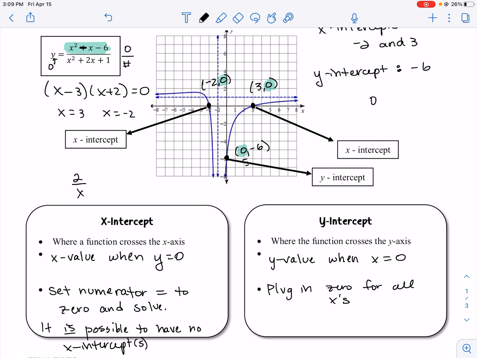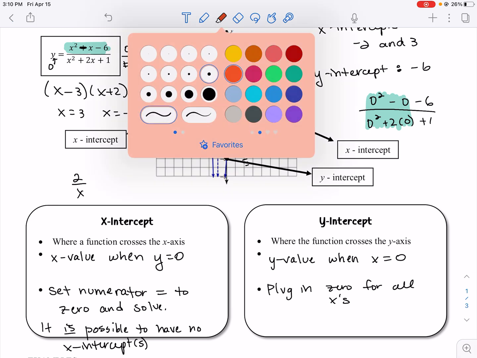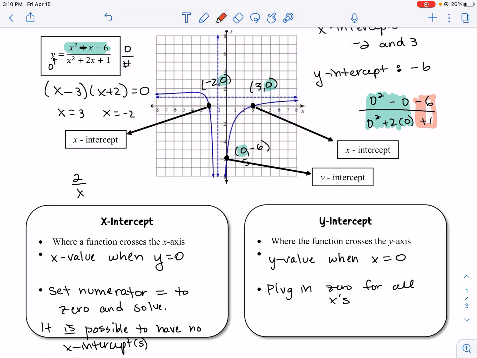So essentially this would be 0 squared minus 0 minus 6 over 0 squared plus 2 times 0 plus 1. And what you'll notice when you plug into this form is that all of this has no impact because it's just going to equal 0 and cancel out. So the only part that matters is the end, which ends up being -6 over 1, which in this case is -6, which is where that comes from.